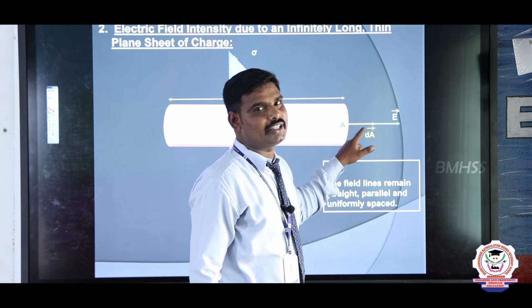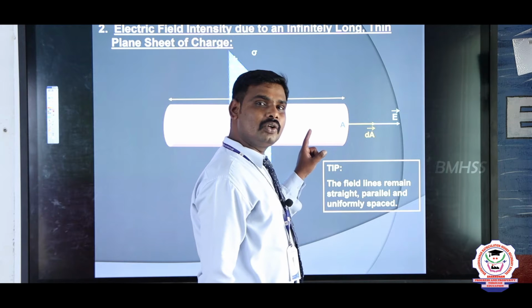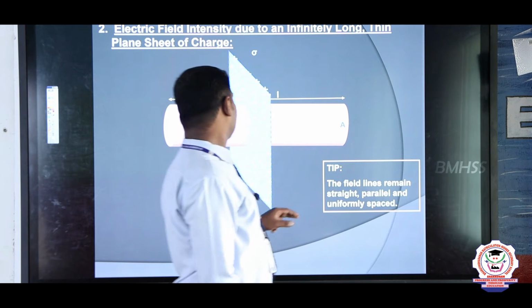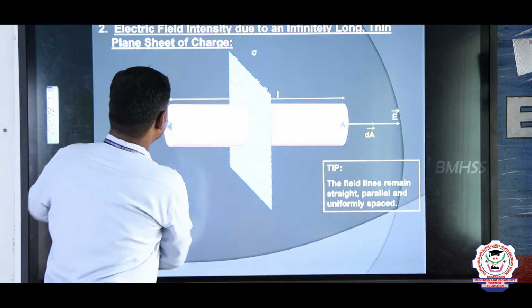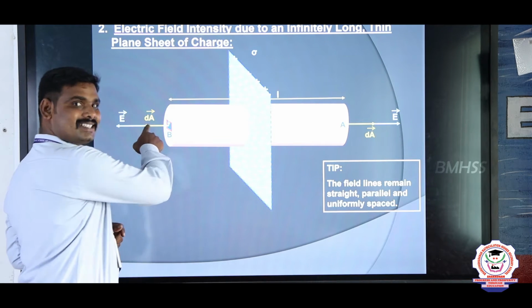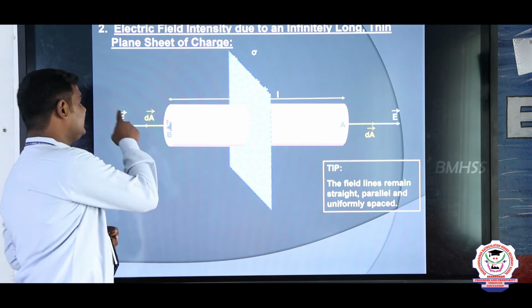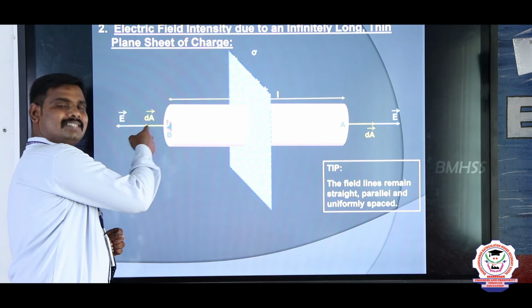That's why here theta is equal to how many degrees? Theta is equal to 0. Very good. Next, I take this direction, this is P, also acting in the same direction, which means the E vector and the surface normal both act in the same direction.